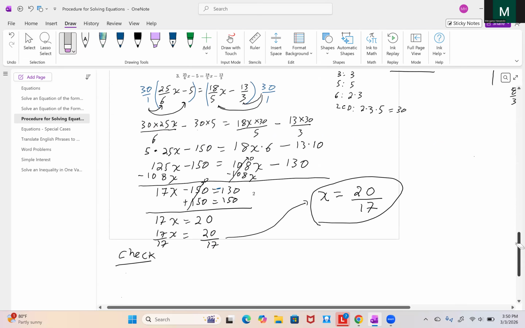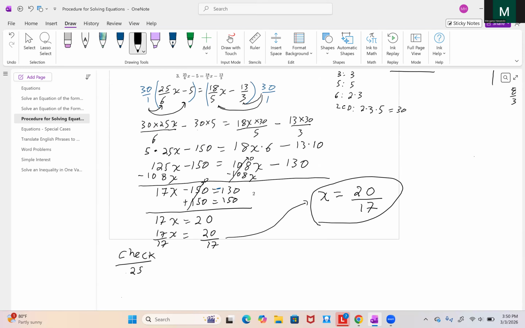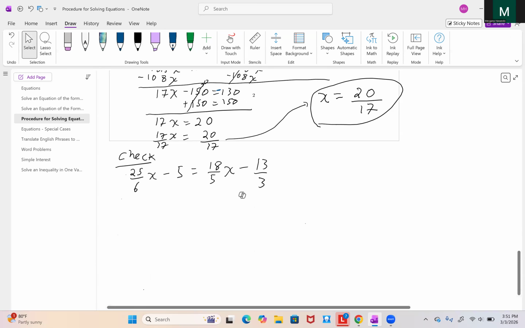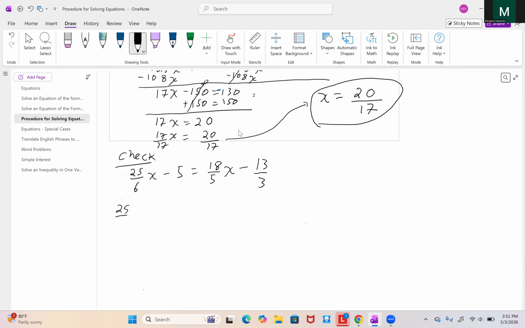We have 25 over 6x minus 5 is equal to 18 over 5x minus 13 over 3. 25 over 6 times, inside the parentheses, we're going to replace x by 20 over 17.